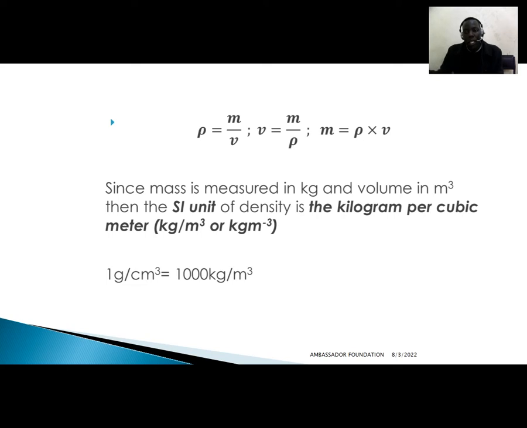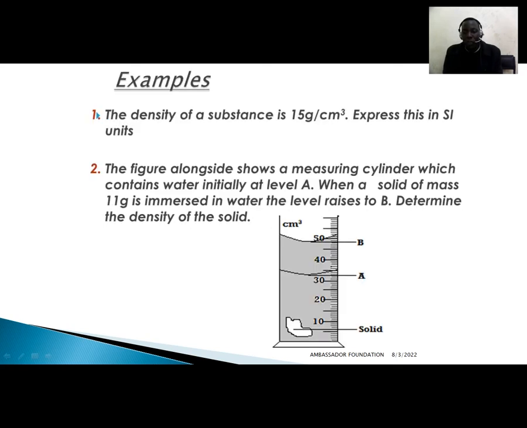Sorry, in reverse, it's going to be 0.000001. So now when you take 0.001 kilogram and divide by the volume, you get 1000 kilogram per meter cubed. Just convert 1 gram to kilogram, convert 1 centimeter cubed to meter cubed, then divide. You will get 1000 kilogram per meter cubed.